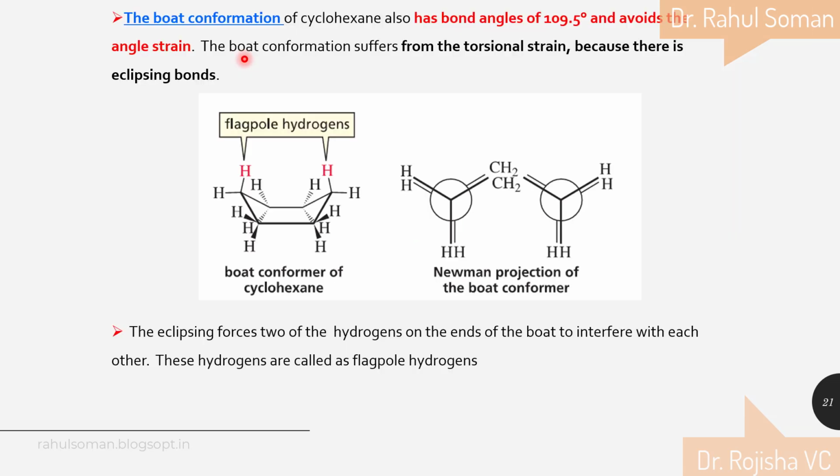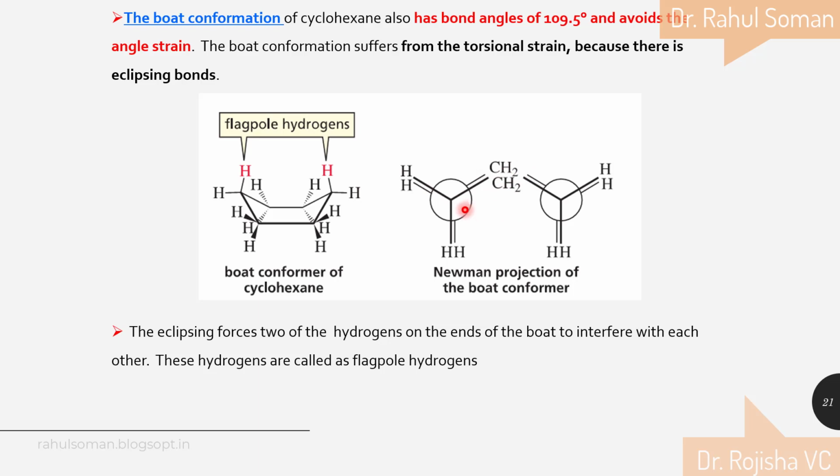unfortunately, this boat conformation is not a stable conformation because of the torsional strain. Why does it have torsional strain? You see, if we look through these bonds, these two newly formed CH2s are coming in an eclipsed form.